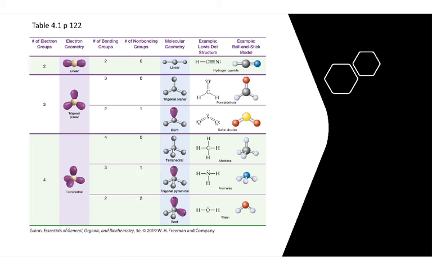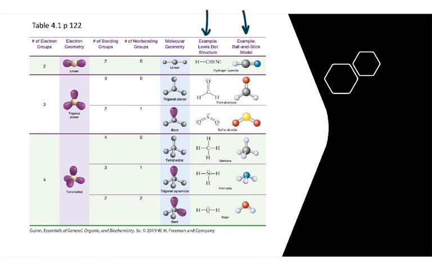And we see all of the similar examples, the Lewis dot structures and the three-dimensional ball and stick model. So this would be a good table to spend some time looking at. Now remember, you don't have to have this memorized, but you should be able to look at it, or look at a structure, and figure out the molecular geometry.